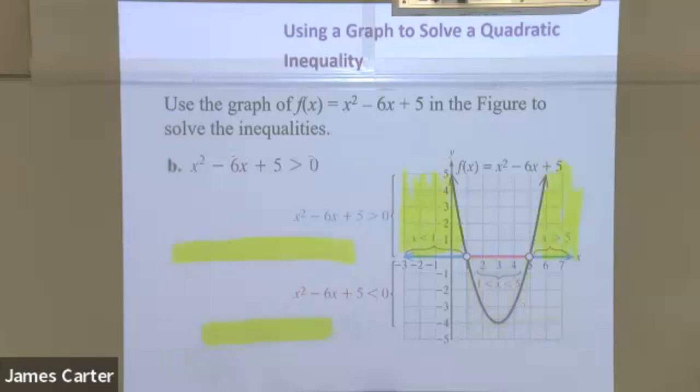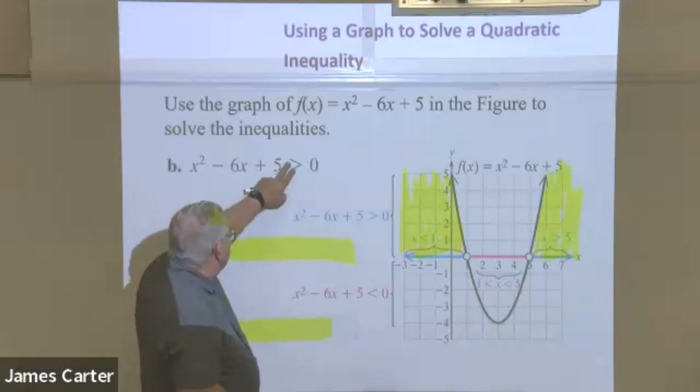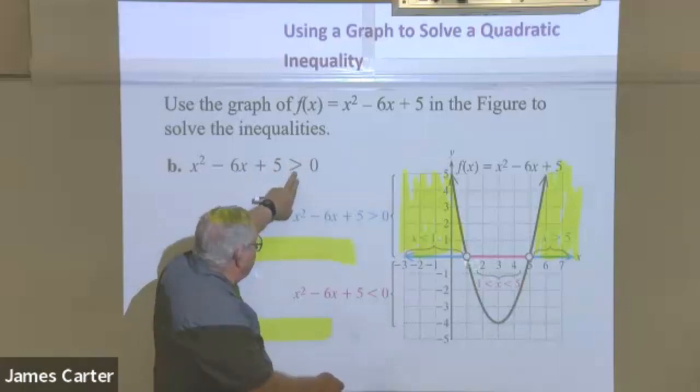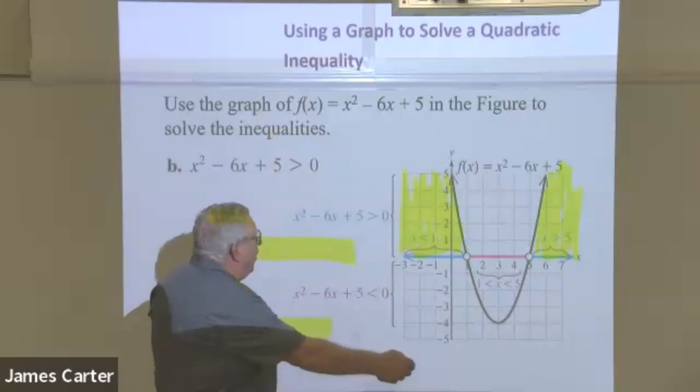Okay. What did I do? Different equation this time. Okay. Well, actually, we're going to get 1 and 5 again, here and here. Sign changed. Now, what is above the line? Because there is no or equal, these 2 points are excluded, but it's everything this way from there.